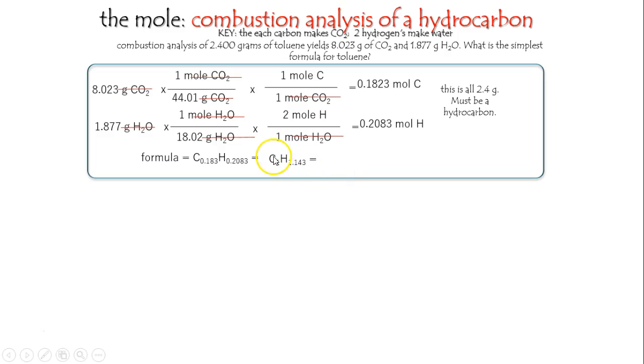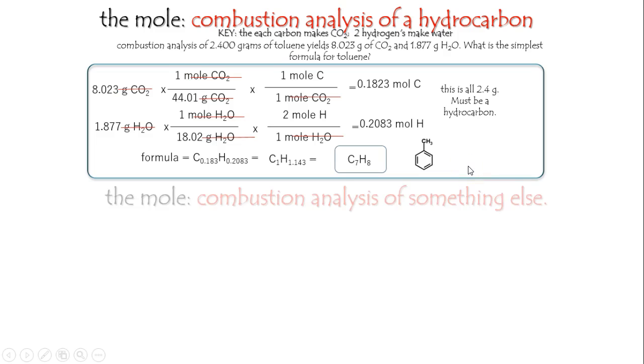So you have to multiply this out by 7 in order to get a whole number ratio. This is a good example of why it's important for these calculations to use a lot of precision, at least 2 decimal places, preferably 3 or 4. And so we multiply everything by 7 and we get C7H8, and that corresponds to toluene.